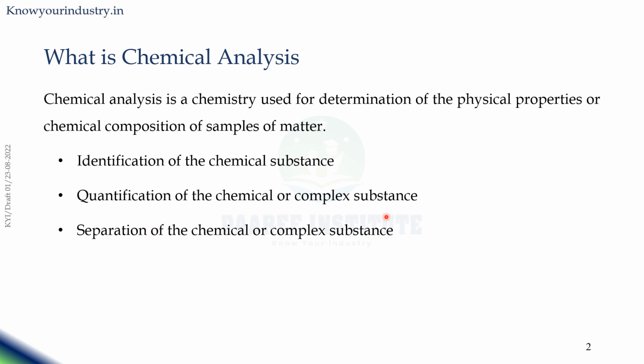That means your assay carried out by titrimetric methods. So quantification of the chemical is being done by different titration methods. Also it is a chemical method. Then finally, the chemical methods can also be used for separation of chemical species.